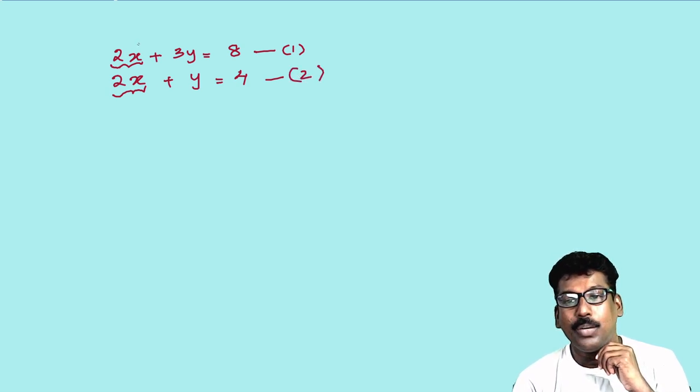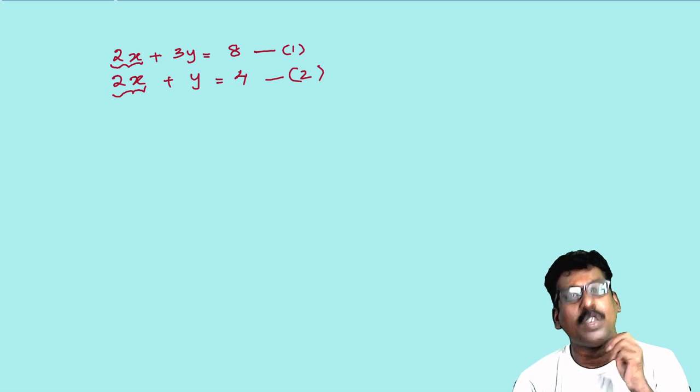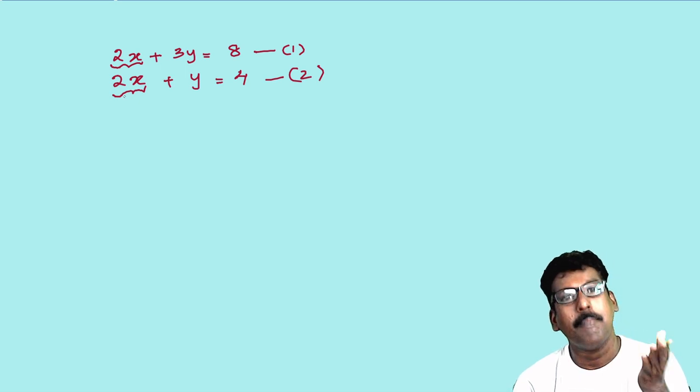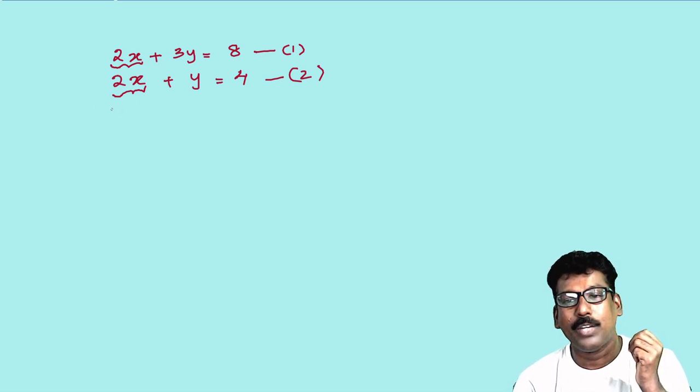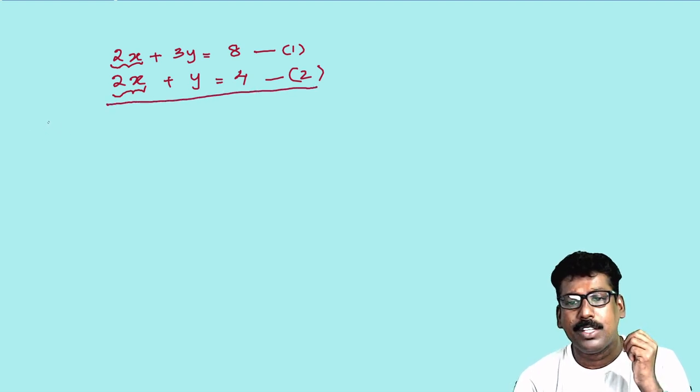Now you can eliminate this first term, the term containing x, that is 2x, same term, by subtracting. So what you can do here is, you just subtract equation 2 from equation 1.